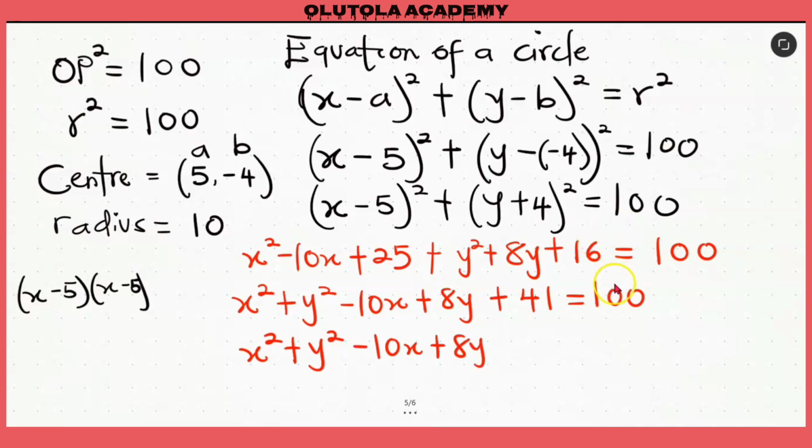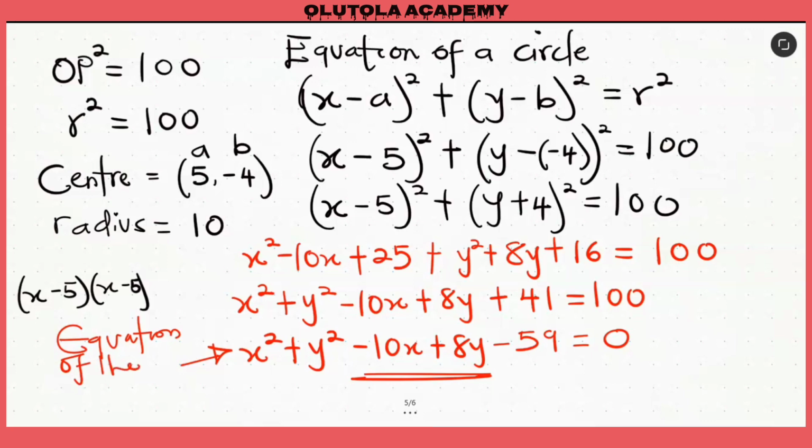Then I'll bring this 100 to the left hand side. When I do that, I'm going to have minus 59 equals 0. Nothing will be left on the right hand side. So I have gotten the equation of the circle. That's how we get the equation of a circle when the center is given and another point on the circumference.